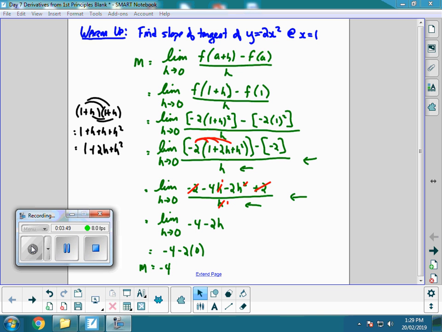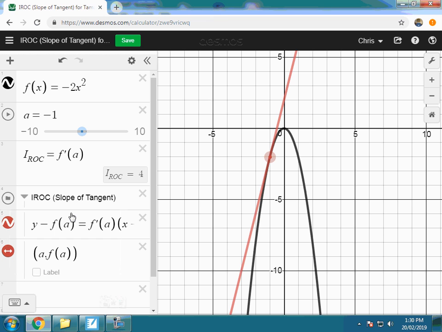So when you see the whole picture here, you can see that what I've done is I found the slope of the tangent at x equals 1 in this function. Gone off, used our formula, found out that the slope of the tangent at x equals 1 is negative 4. I can actually go to Desmos and confirm that the slope of the tangent of this function at x equals 1 is indeed negative 4.